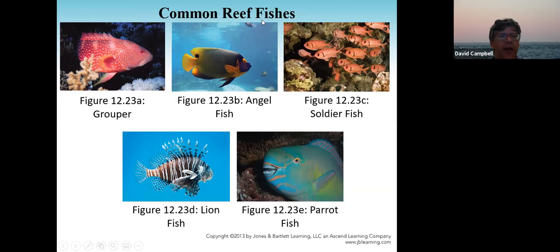If a predator aims for that eye spot, it may just get a mouthful of fin and allow the fish to escape. The grouper up here, groupers tend to be large to very large, not as active predatory fish. They can be sitting and waiting for something to swim in front of them.